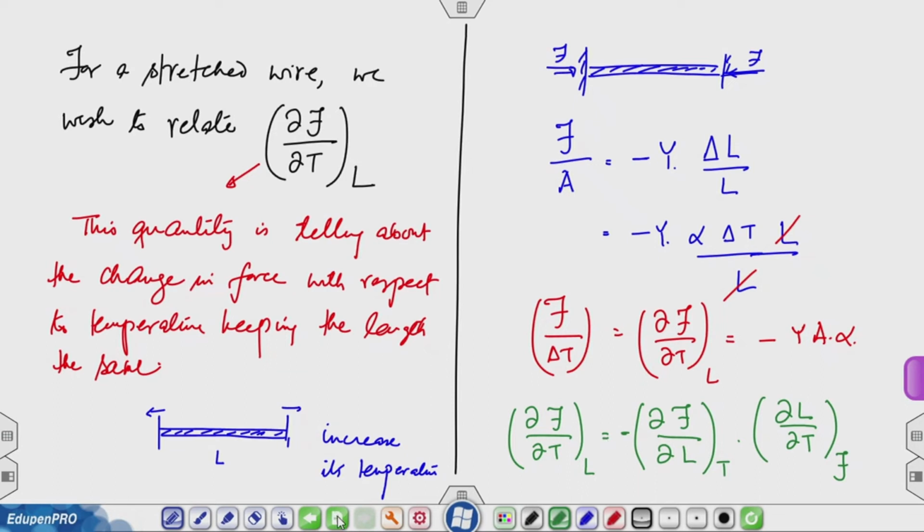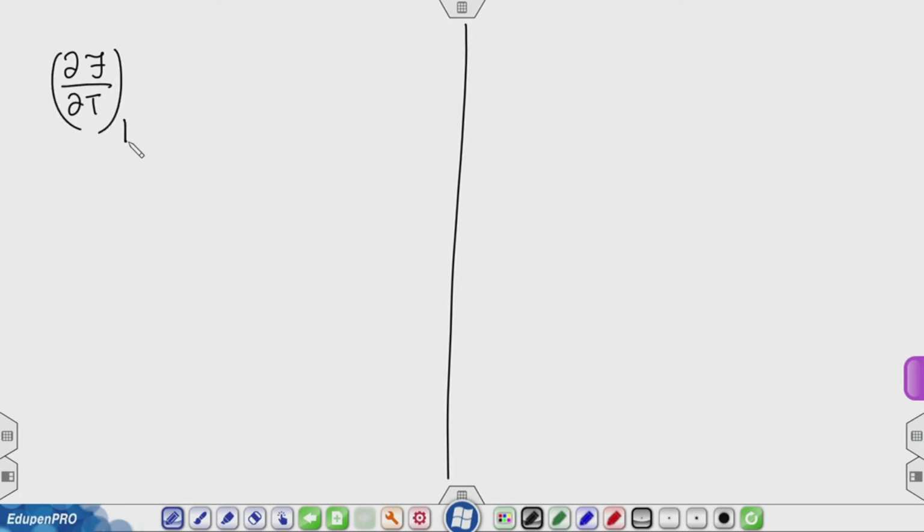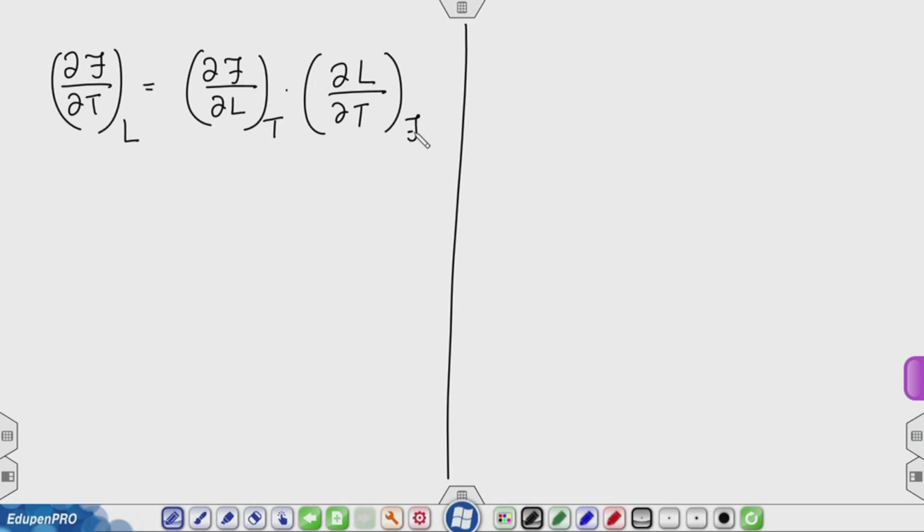Let's write it on the next slide. I have partial F over partial T at constant length. This is what I'm after, is partial F over partial L at constant T, partial L over partial T at constant F.